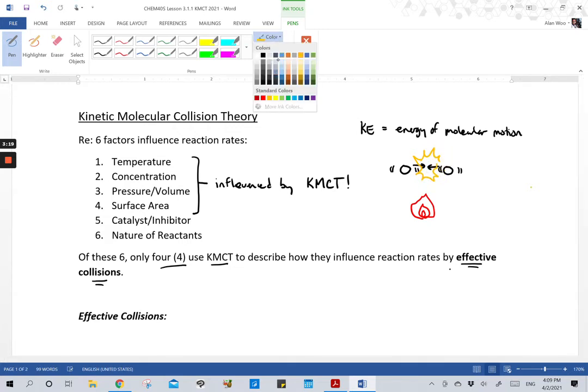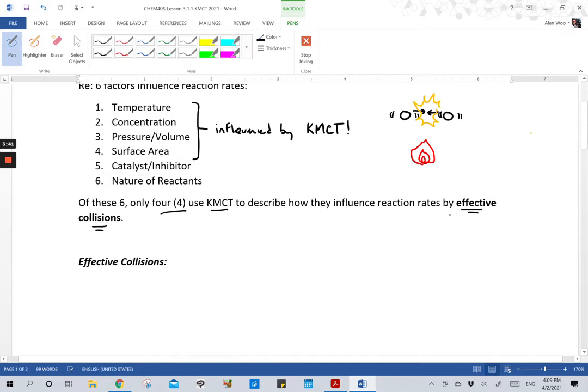If they collide, it gives us the opportunity to make or break bonds. So the interaction between these 2 molecules is greatly affected by their collisions. But it's not any type of collision. It has to be an effective collision. So let's look at what effective collisions mean.